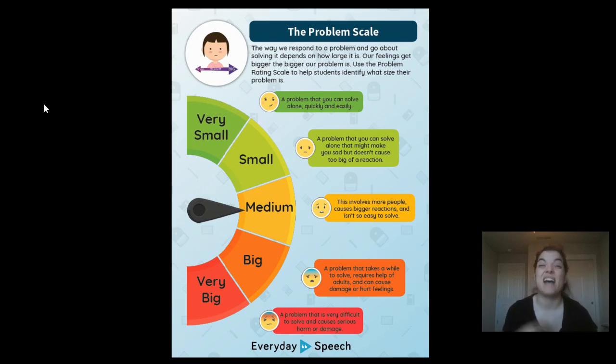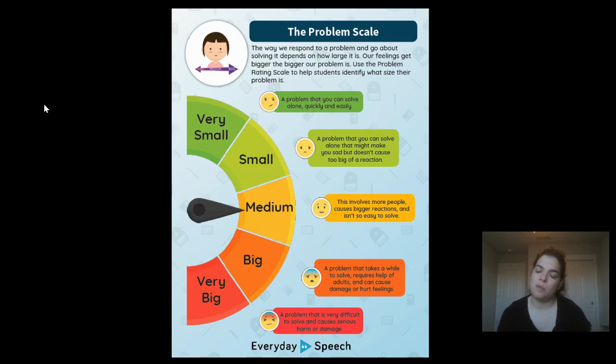It's something that you have to ask an adult to help you with. So you have to ask an adult, and then they might be able to help you, or they might need to get other adults in to help fix that problem. And it causes a big emotion. So you might get really angry, or people say furious, or you might get super depressed. Those are all big emotions.